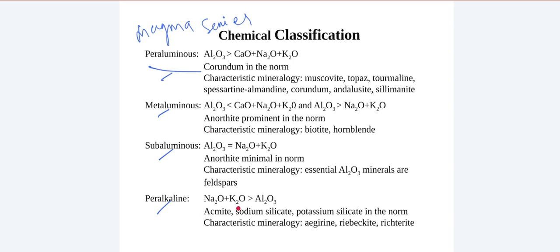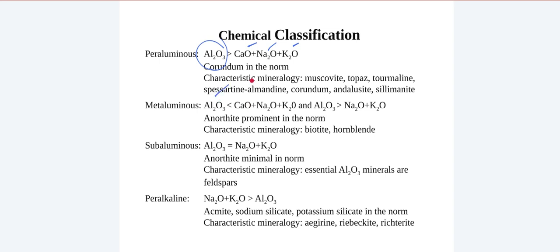What is peraluminous, what is meta-aluminous, what is sub-aluminous, what is peralkaline? You just go through and remember these things because in GSI prelims it asks directly. Peraluminous is where aluminum oxide is greater than all other three major oxides.